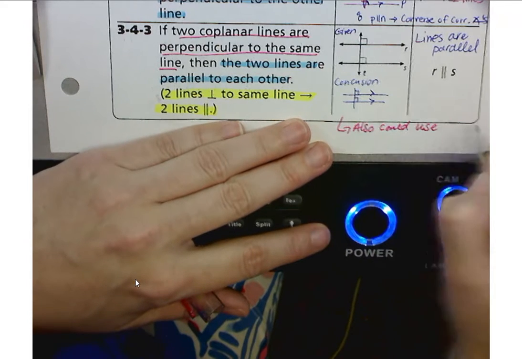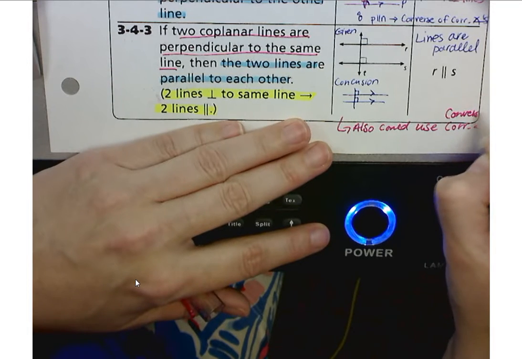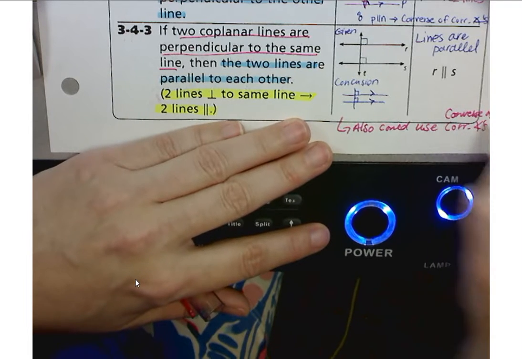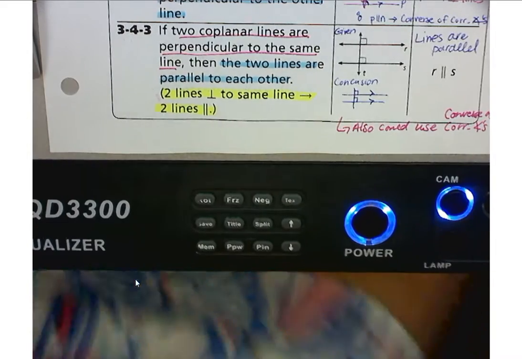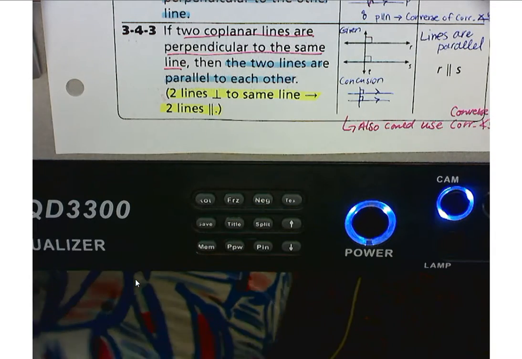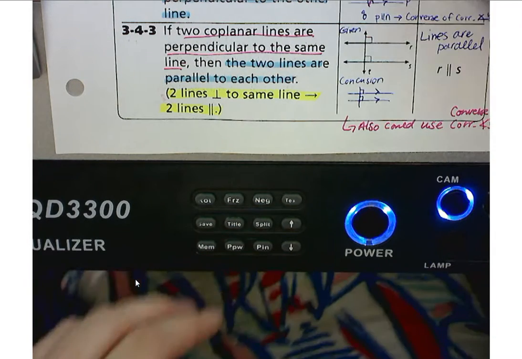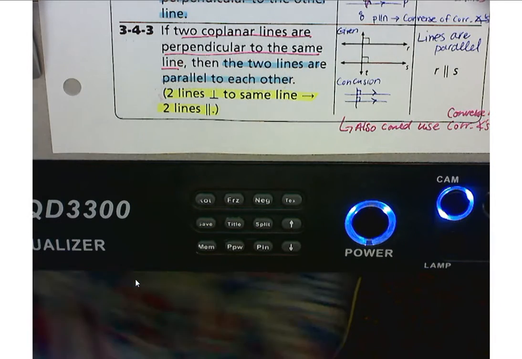So you also could use the converse of corresponding angles postulate. And that's because you know corresponding angles are congruent. If you know that, then the lines have to be parallel. So this would be helpful if you were given that they were both perpendicular, and then you could jump to that conclusion.